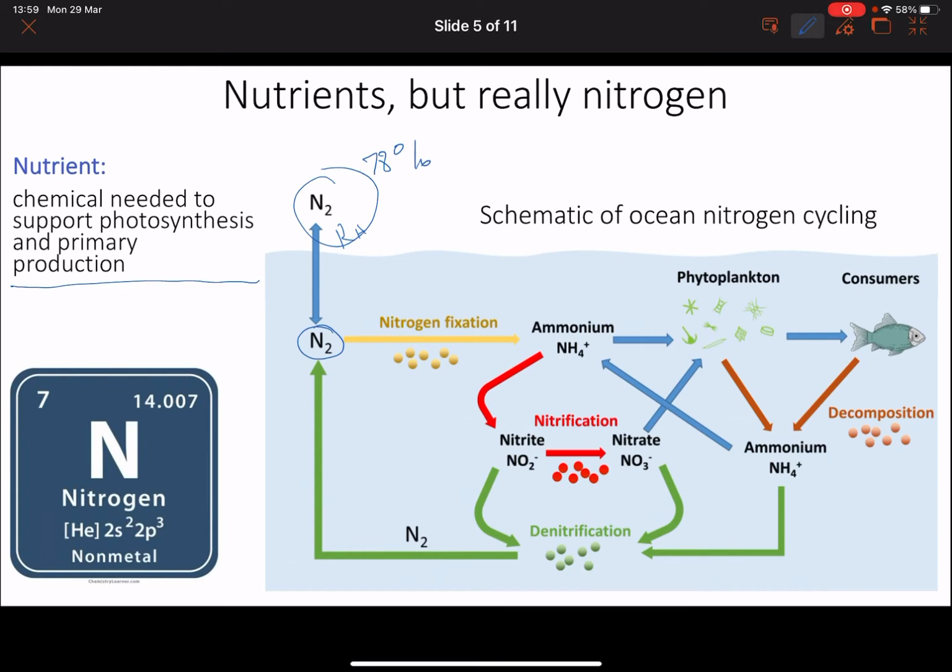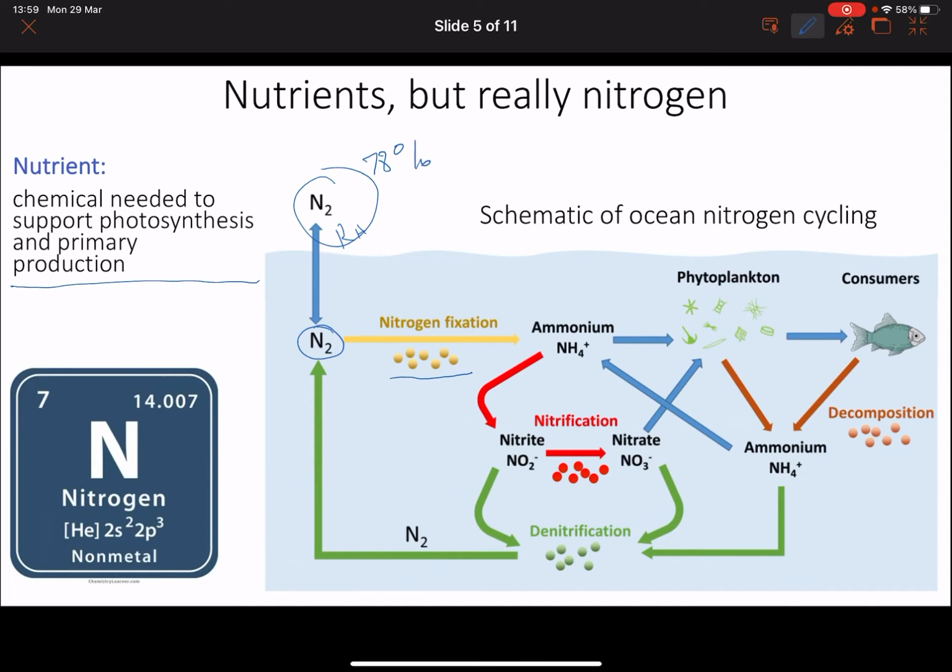There's a handful of bacterial species that can do nitrogen fixation, which is this process where you take the useless N2 gas and convert it to ammonium, which is useful. But not a lot of things can do it, and you have to be in really warm, really calm surface waters. So unfortunately, that's not really a great option.